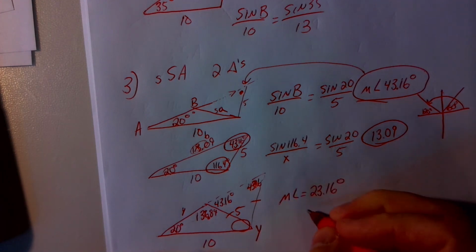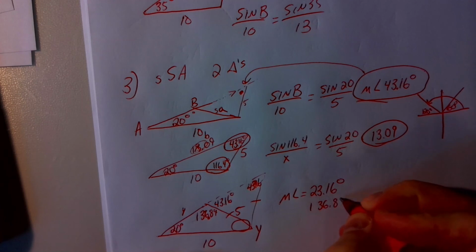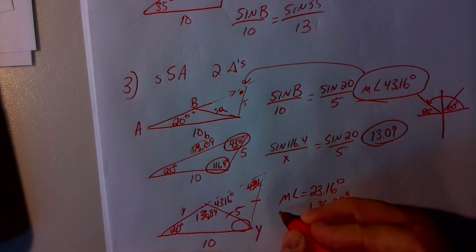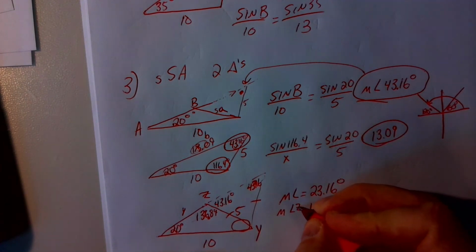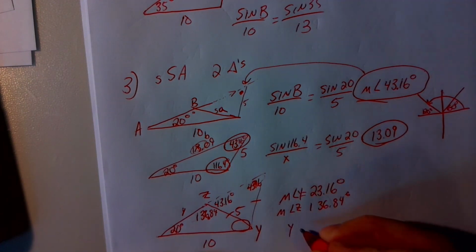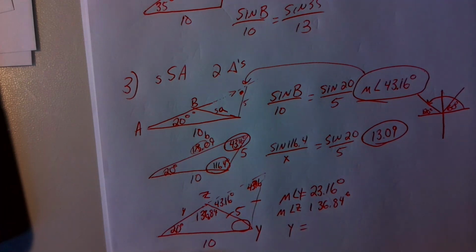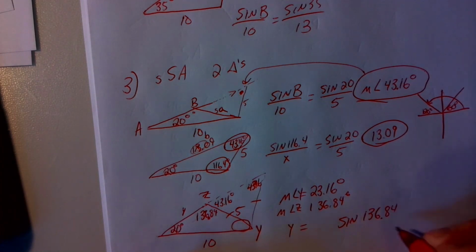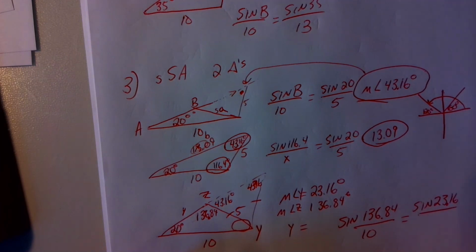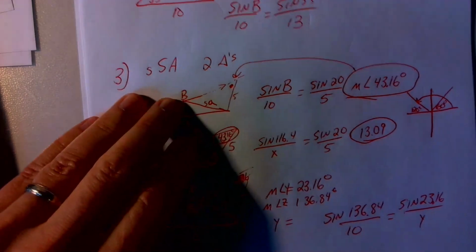Then my other angle was 136.84 degrees, right? We'll call that angle Z. Measure angle Z. And this one was Y, which just means the only thing I need to know is little y. And I can use whichever ones that I want. So I'm going to go ahead and do sine of 136.84 over 10 equals the sine of 23.16 over little y.